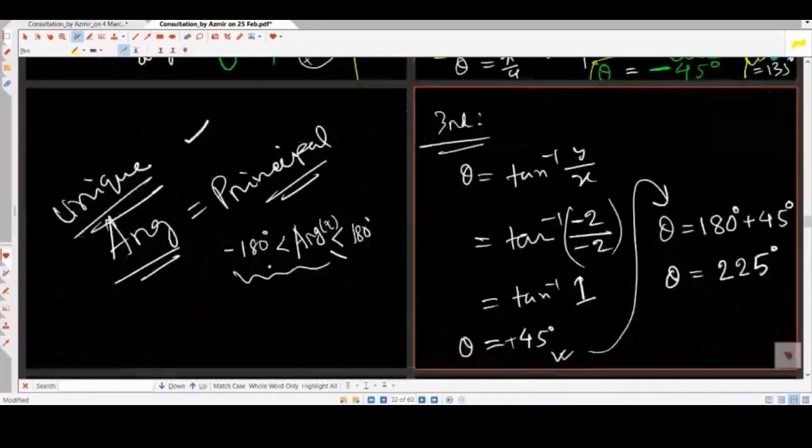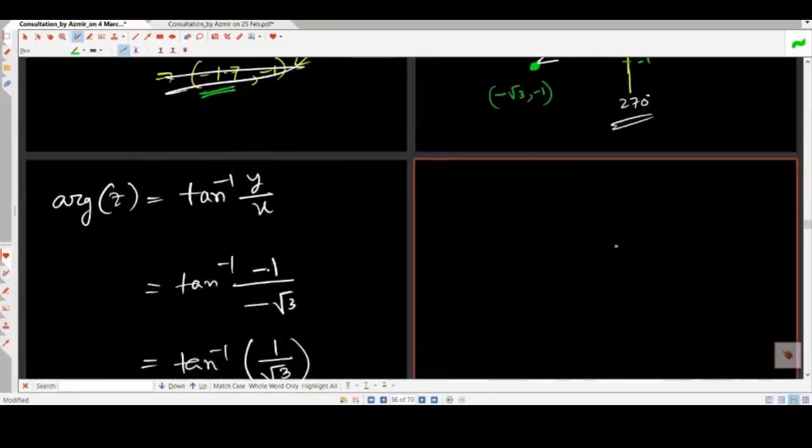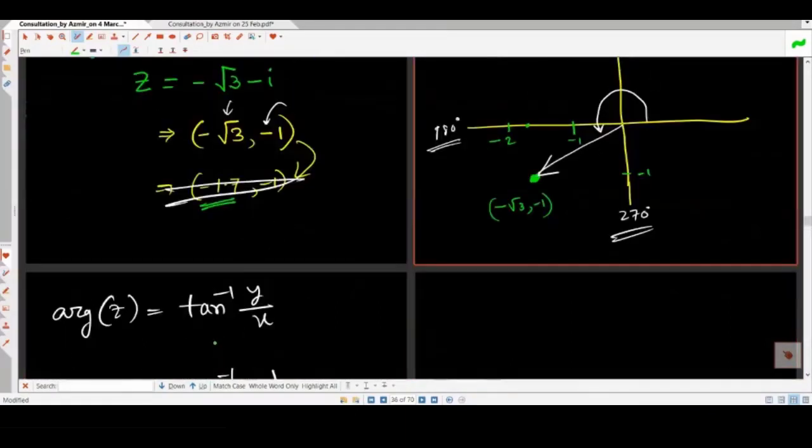If we have a complex number in the third quadrant, then we have to add 180 degree. For this case, the angle or argument that we have found, 30 degree, is actually found this way. If we extend the main line in the backward portion, we will get the 30 degree argument.